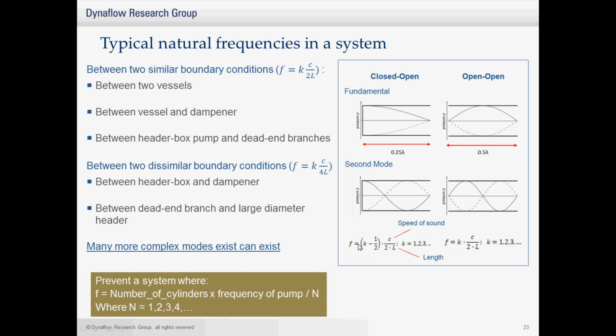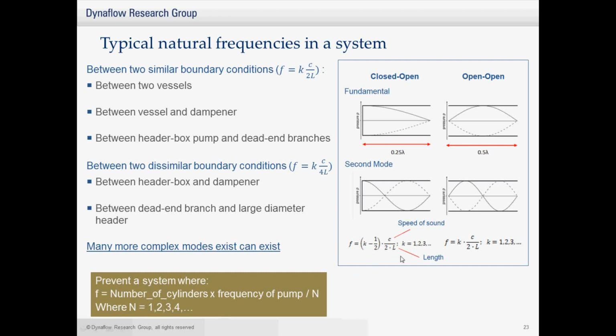So you can see it depends on factor K, which is basically the fundamental or the second mode. So K is 1 is a fundamental, K is 2 is a second mode, etc. And then you also have the speed of sound, which is an important parameter, and then the length of your system from the one boundary condition to the other boundary condition.